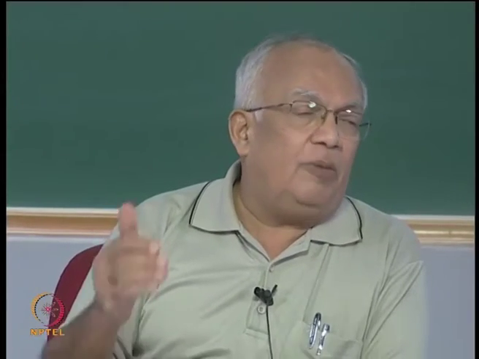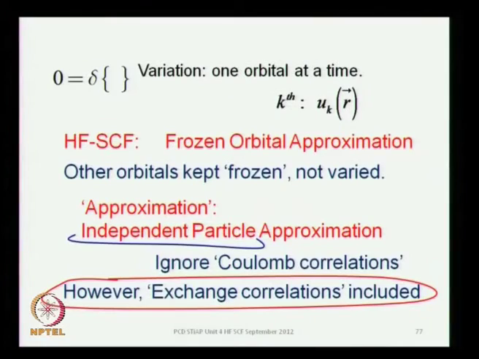So, that correlation is taken into account because we have worked with the Slater determinants, which are proper antisymmetric wave functions. So, they already take into account the Pauli exclusion principle and the Fermi-Dirac statistics. These are the exchange correlations, and they are already taken into account in the Hartree-Fock formalism.